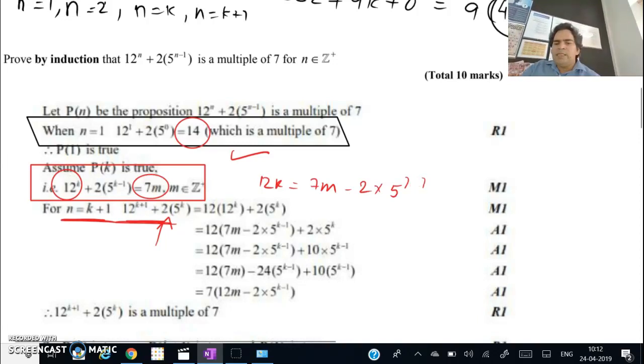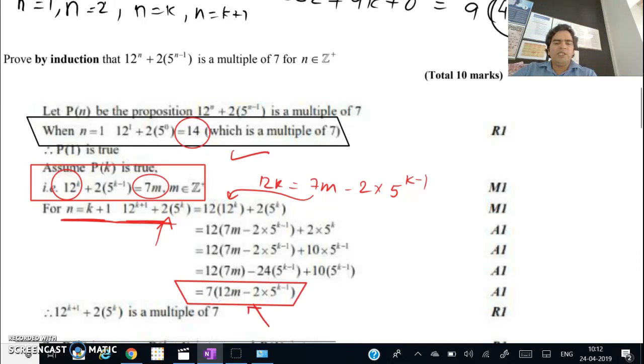This is the main step where we use n equals k to prove for n equals k plus 1. I put this out here, and if you simplify, 7 can be taken out and the rest is an integer, hence this is a multiple of 7.